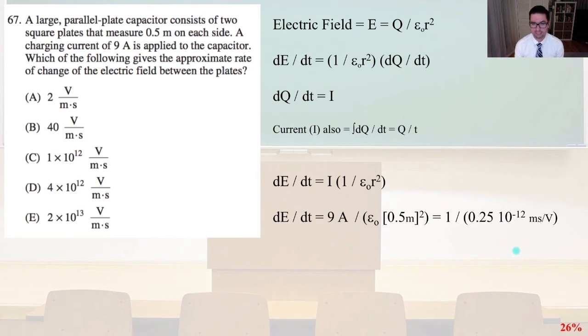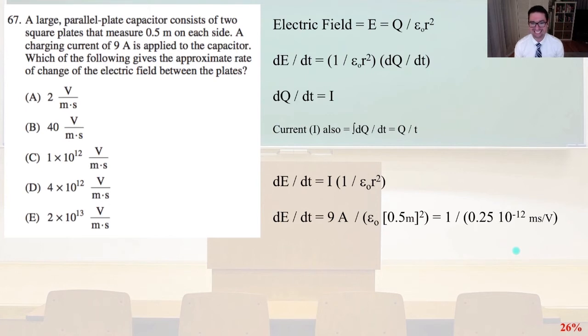So we know the electric field E equals Q divided by ε0 A, so dE/dt equals 1 divided by ε0 A times dQ/dt. dQ/dt also equals I, the current. So the current I equals the integral of dQ/dt, equals Q divided by t.